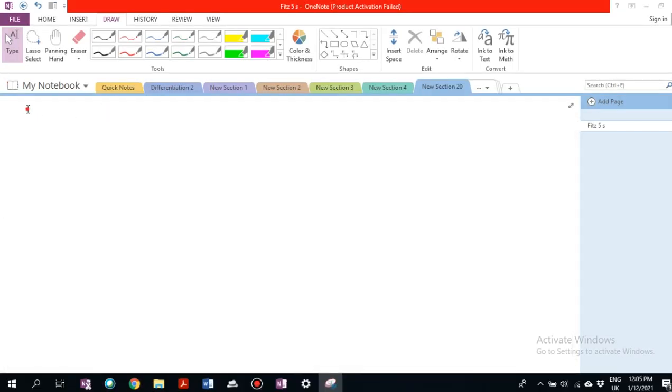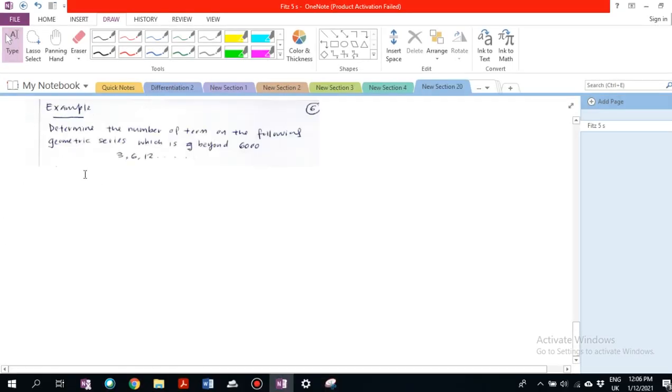So we go for the next example. Determine the number of terms in the following geometric series which is beyond 6,000. So the solution is, you have A equal to 3, and R equal to 6 divided by 3, which is 2.